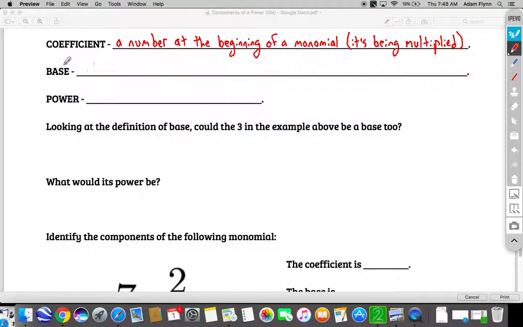The base is any variable or number that can have a power.